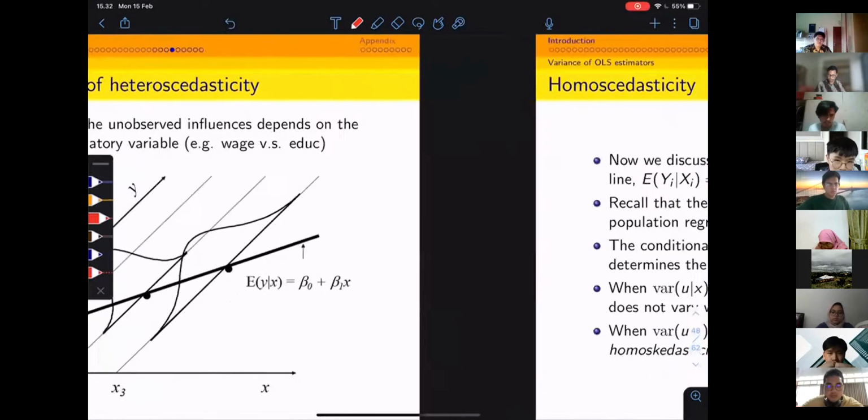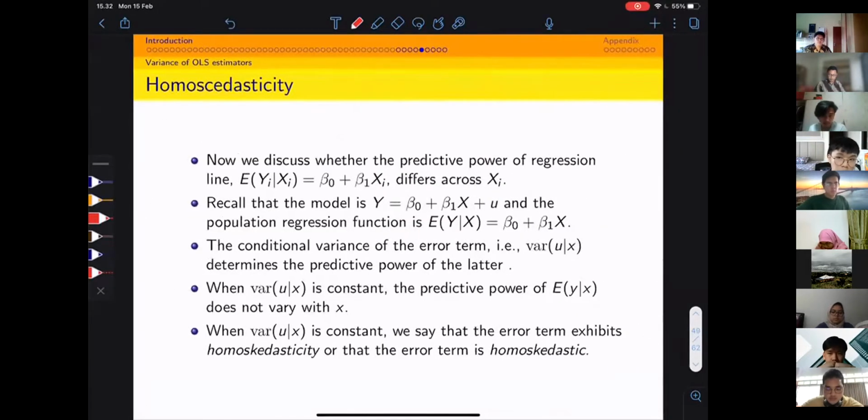We discussed whether the predictive power of the regression line, which is the conditional y on x, differs across x. If the predictive power of the regression line is similar, we have homoscedasticity. If it is different across x, we have heteroscedasticity.